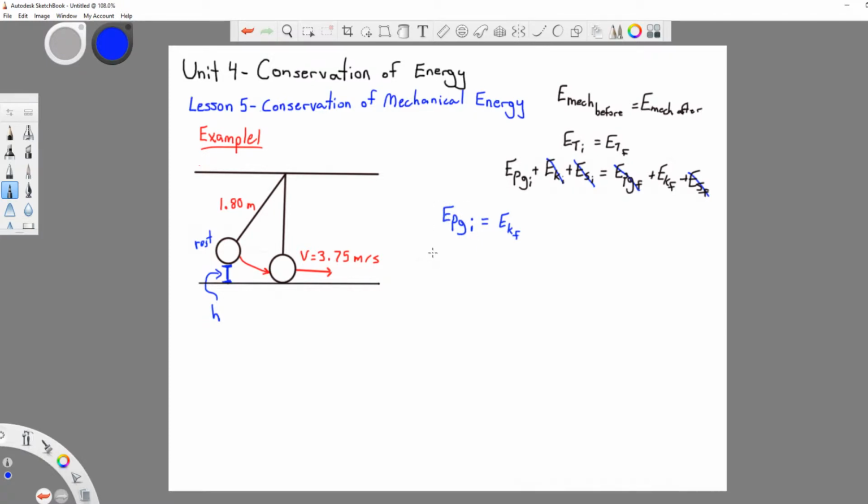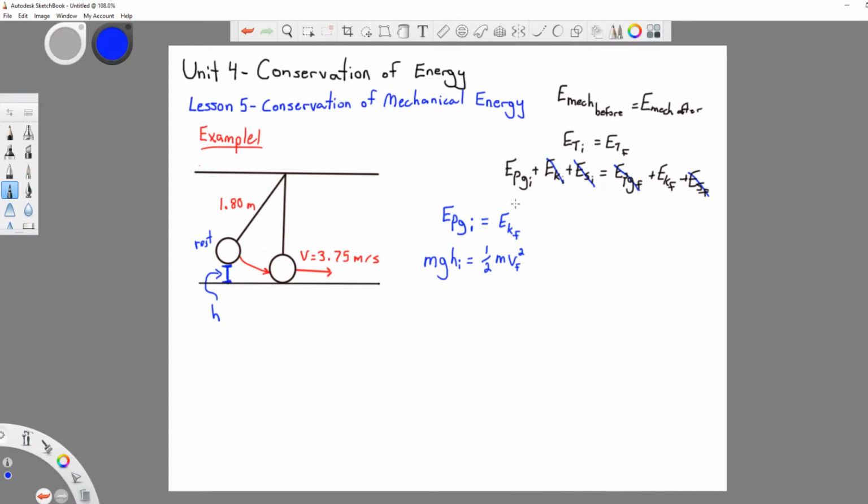So energy potential initial, we're going to have mass times gravity times height initial is equal to 1/2 times mass times velocity squared, and this is the final velocity value. Alright, still don't have mass. Darn.